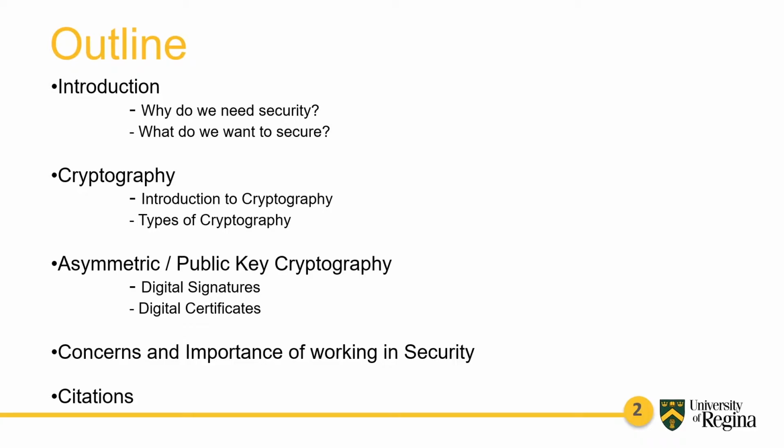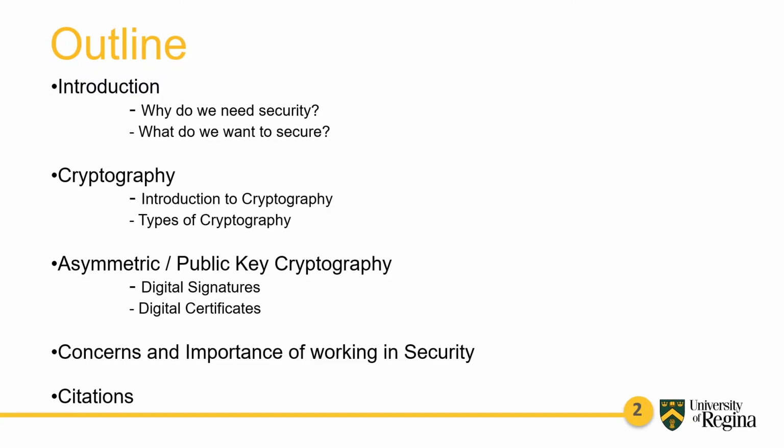This presentation aims to explain cryptographic methods of digital signatures and certifications. We start with introducing the need for security and what it is that we want to secure. We then move on to learning the concept of cryptography and its importance in security techniques in practice.